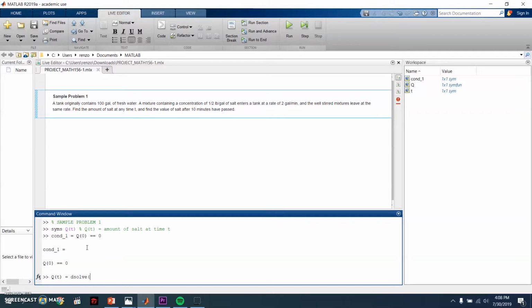Solve. This is the solution to the differential equation.